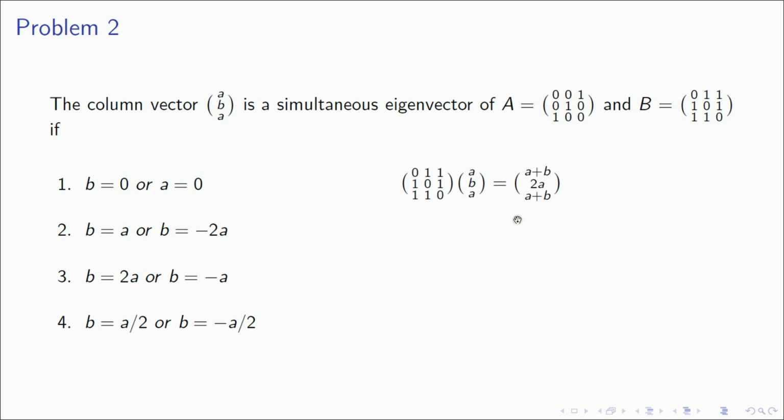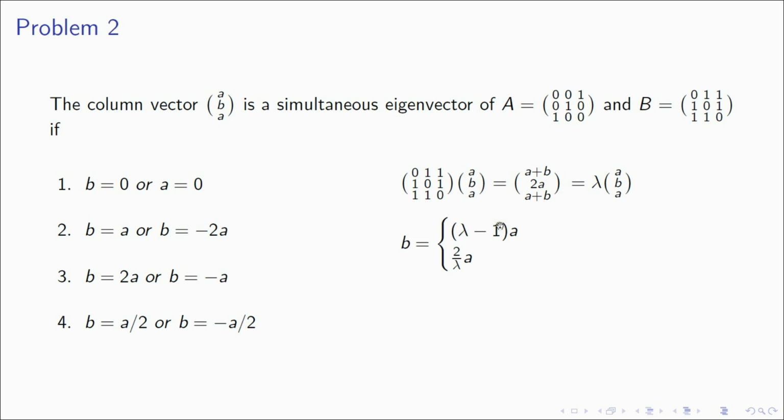If you take this vector and multiply it with this matrix, you get A plus B, twice A, and A plus B. If this is an eigenvector of this one, then this has to be lambda times (A, B, A). From there you get these relations.